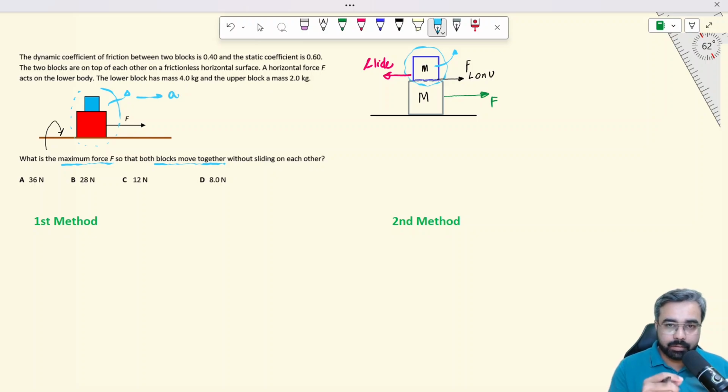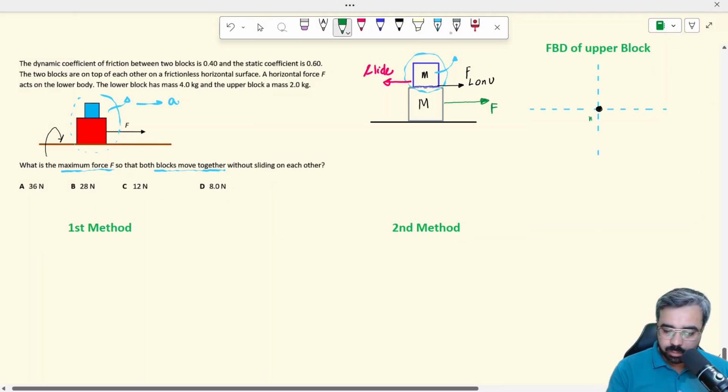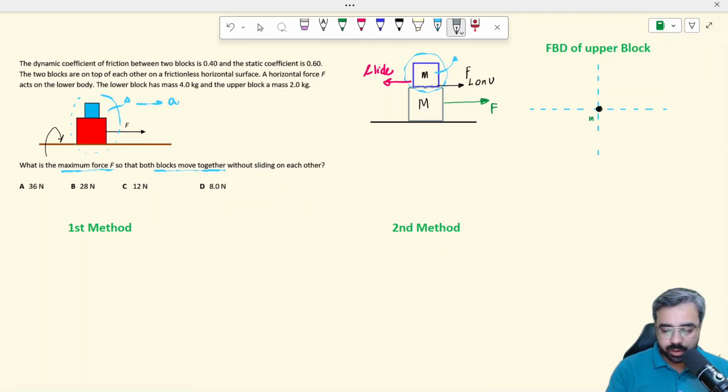So we will draw the free body diagram and easily apply Newton's second law. Let's say this is a small block m, and how many forces are exerted on it? The one force applied upward is the normal force applied by the lower block on the upper block, which is due to Newton's third law of motion.